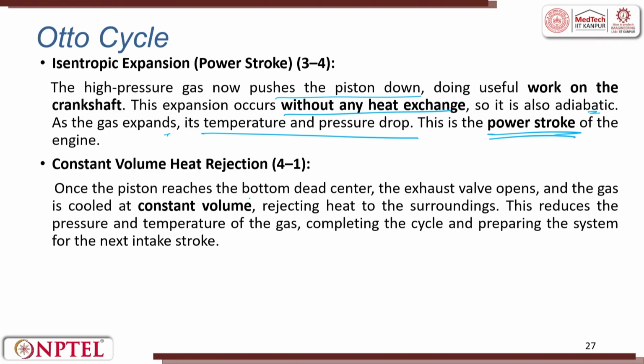The gas is cooled at constant volume, rejecting heat to the surroundings. The exhaust gas in your two-wheeler has heat if you keep your hand very close to the exhaust pipe. This reduces the pressure and temperature of the gas, completing the cycle and preparing it for the next cycle. This portion is called the power stroke in the Otto cycle.